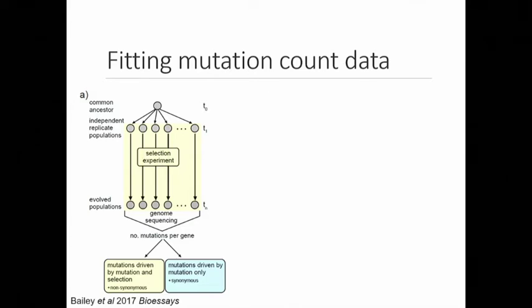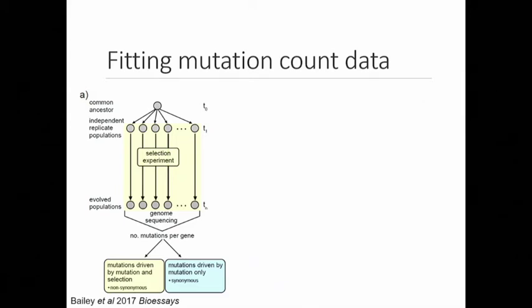The data that I'm going to tell you about now are from experiments that other people have done, where they've posted their data, and I've grabbed their publicly available data. We have a list of all of the mutations that have arisen across all of the replicate populations.